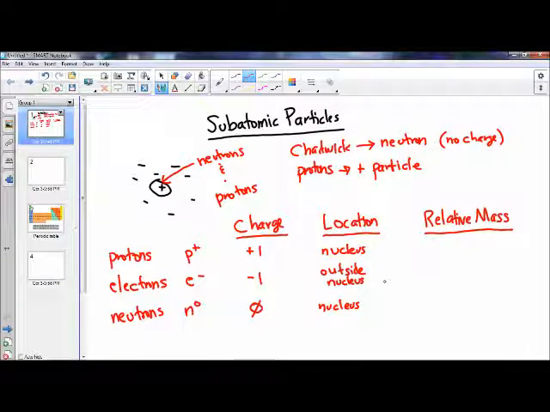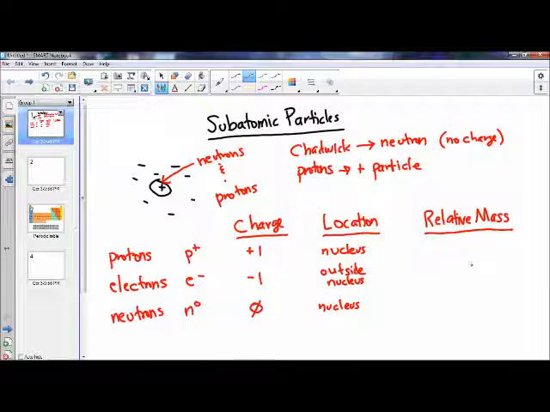Now, obviously, protons, neutrons, electrons are incredibly small. Scientists have been able to determine the mass of them in grams. However, because they're so small, they decided to come up with a special unit just for subatomic particles.